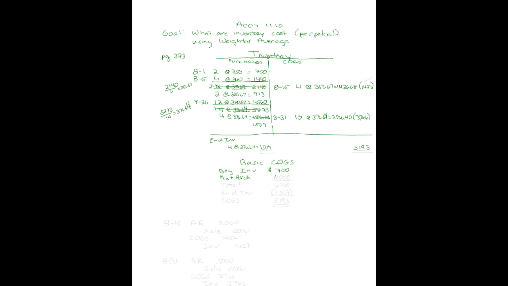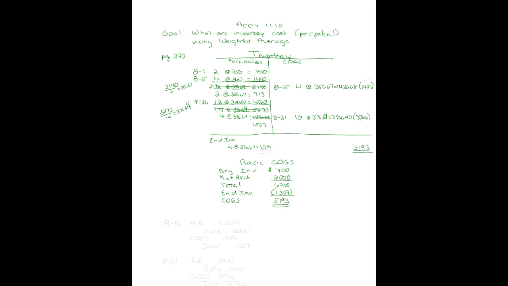Said that kind of funny. Still total 6,000. So altogether this whole period, we had total inventory available of 6,700. In ending inventory, our count shows that we have 1,507 left. 6,700 minus 1,507 leaves you your cost of goods sold calculation. 6,700 minus 1,507 is $5,193, and if you notice, that ties out.